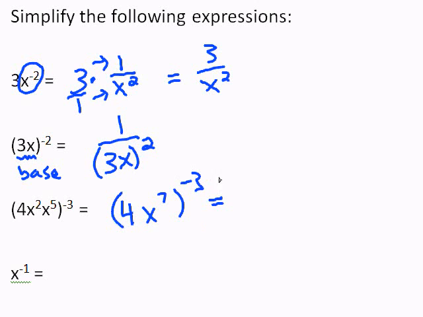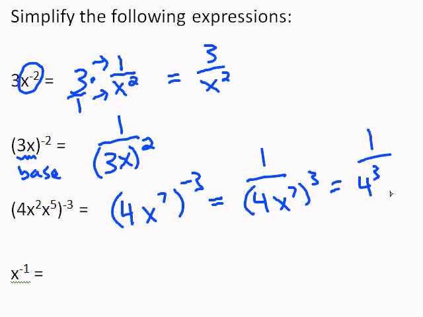Then, we can change the negative exponent into a positive exponent by taking the reciprocal of the base. So it becomes 1 over 4x to the 7th to the positive third. We can simplify this yet a little bit further by applying our exponent rule we learned last time, giving us 1 over 4 to the third x to the 21st.